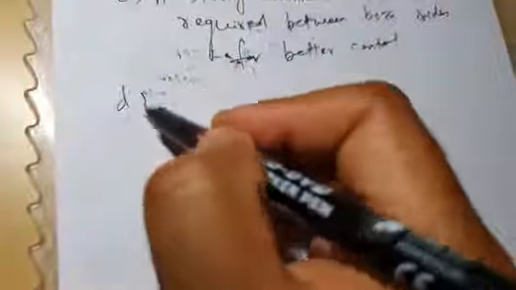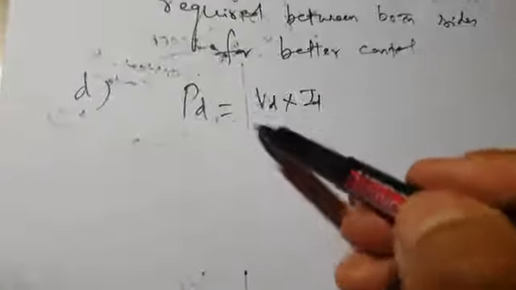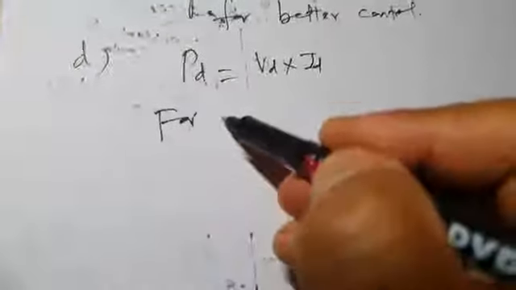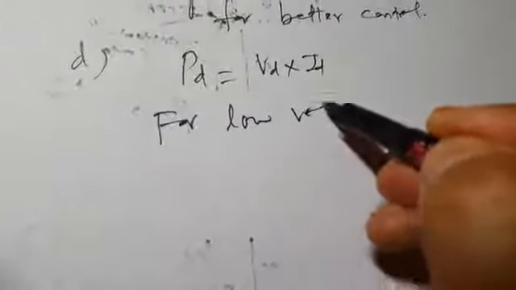And last of all, since PD is equal to VD into ID, if voltage on the rectifier side or inverter side falls, I will write here for low voltage, to maintain the power constant, PD is equal to VD into ID.